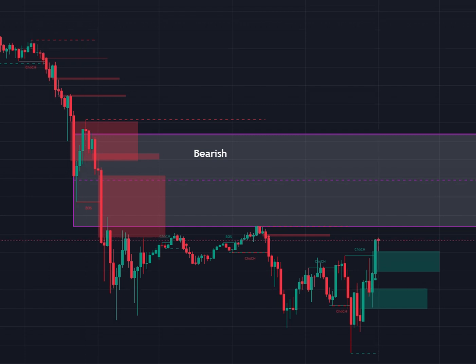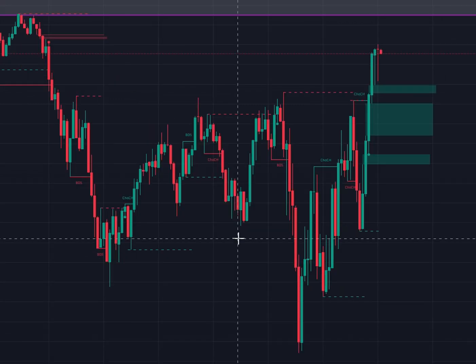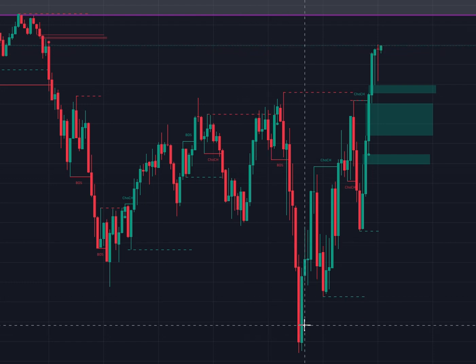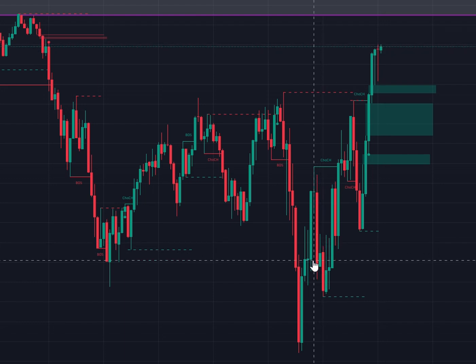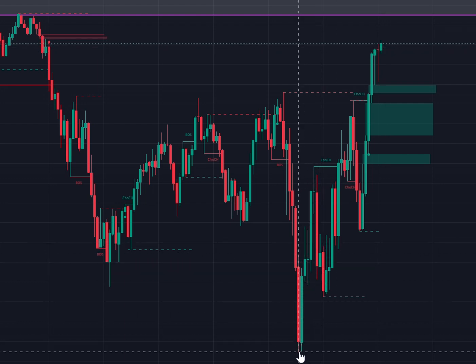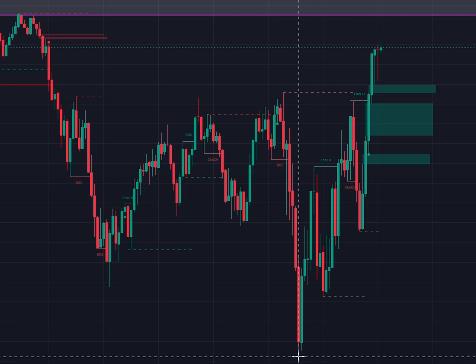And once you know the bias, it's probably going to be positive for the day here. So you can look for your liquidity sweep, which occurred around here. And you always want to sell in the premium and buy in the discount.